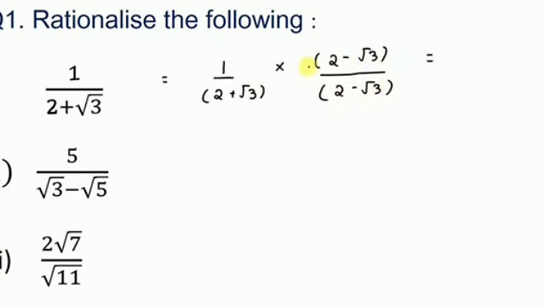Now multiply. 1 into any number is the same number, divided by a plus b into a minus b. It will be a square minus b square. So it will become 2 square minus root 3 square.